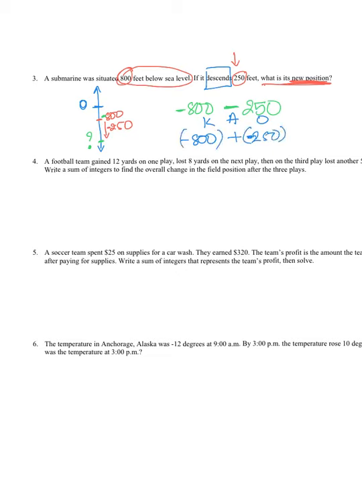So they are both the same sign, so I'm going to add them up. 800 plus 250 will get me 1,050. Make sure they are both negative, because same sign we add and keep. So after that submarine descended, the new position right here is negative 1,050 feet below sea level.